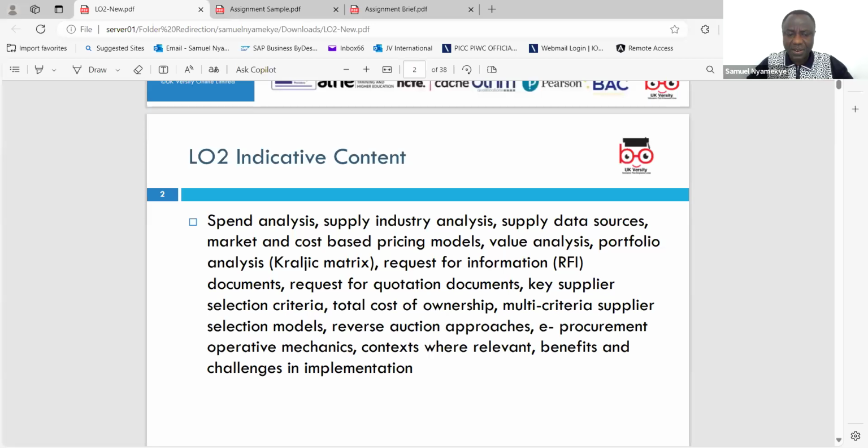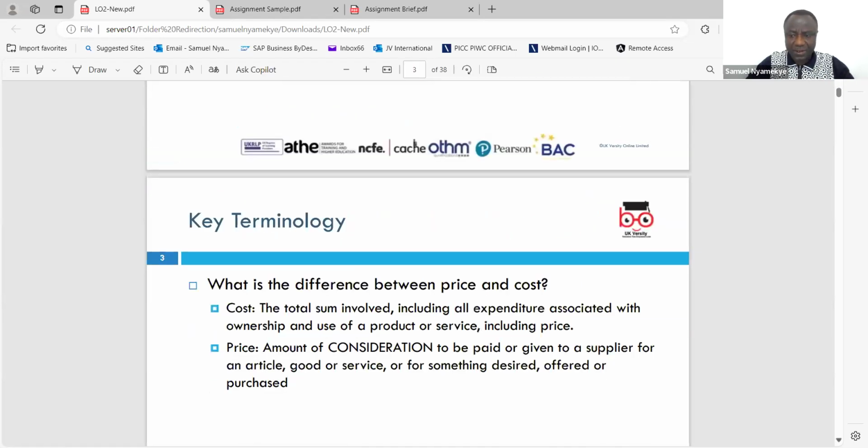All these are terms that you have to try and familiarize yourself with. You can read around these in your free time.